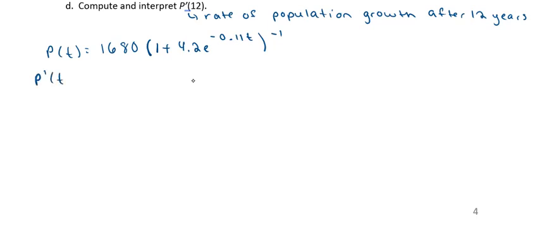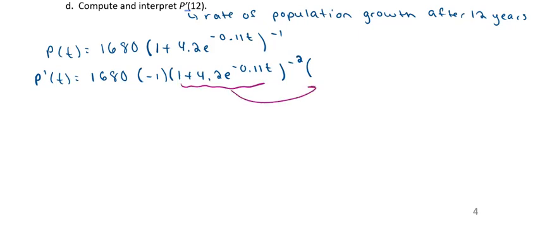So p prime of t says to bring down your power. That will leave me with my 1680, my constant, to the front, bring down my power, -1, rewrite, and subtract 1. Well, it was -1, I subtract 1, that gives me -2. Now we have to use our chain rule. Our chain rule says to take the derivative of the inside piece. Well, the derivative of 1 is 0.